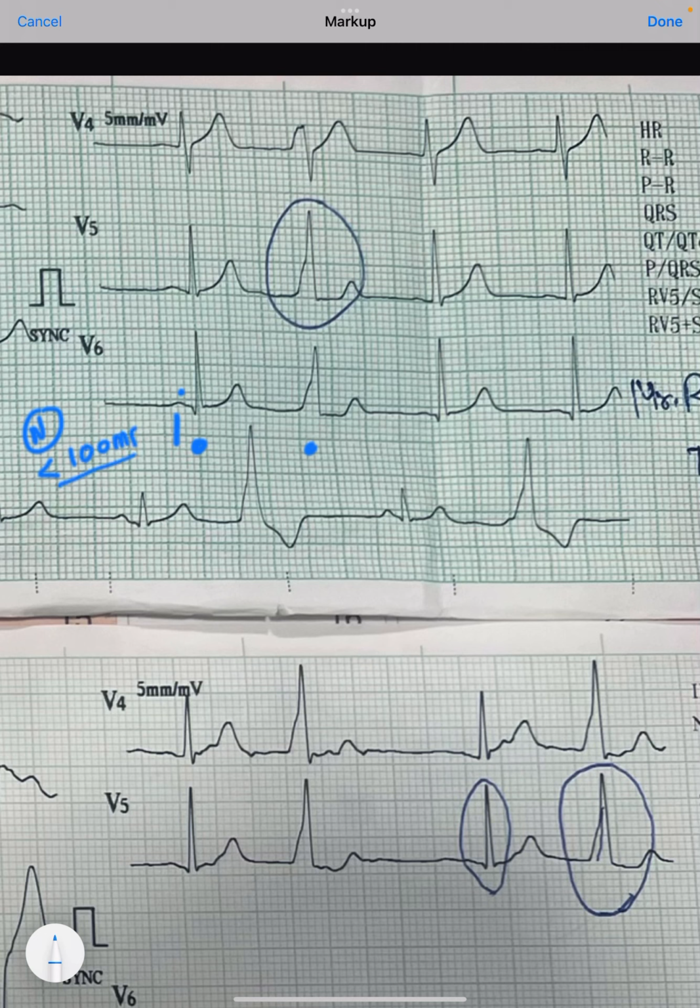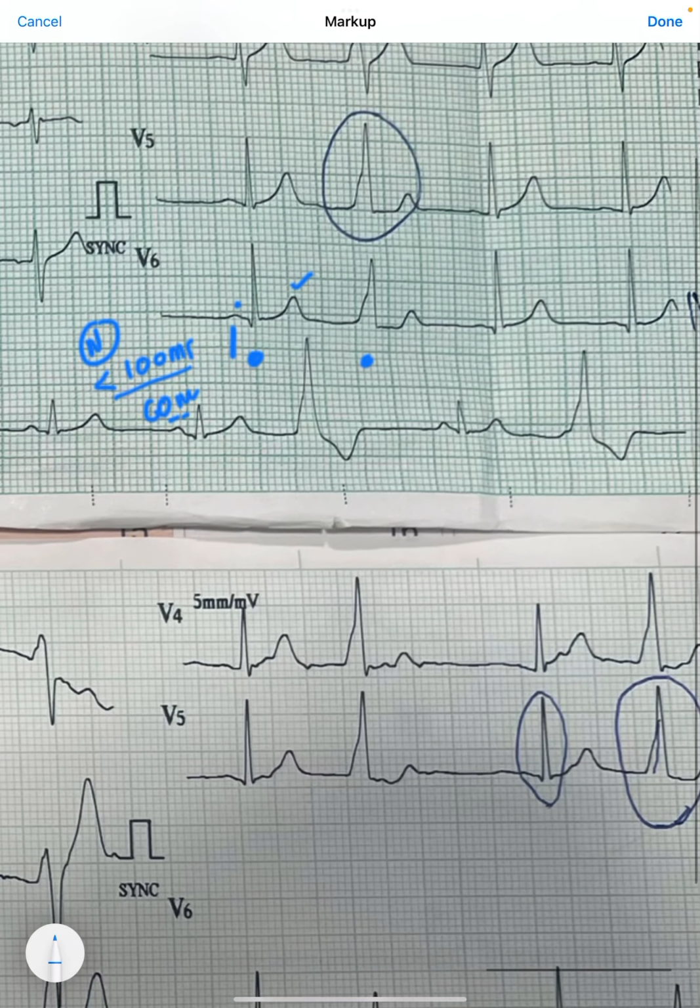So this is very sharp. This is almost like 0.06, or 60 milliseconds QRS. This is very, very small. It has only 1.5 small boxes, and this is followed by T. So we can very clearly make out the difference between P here and R, which is around 100 milliseconds.